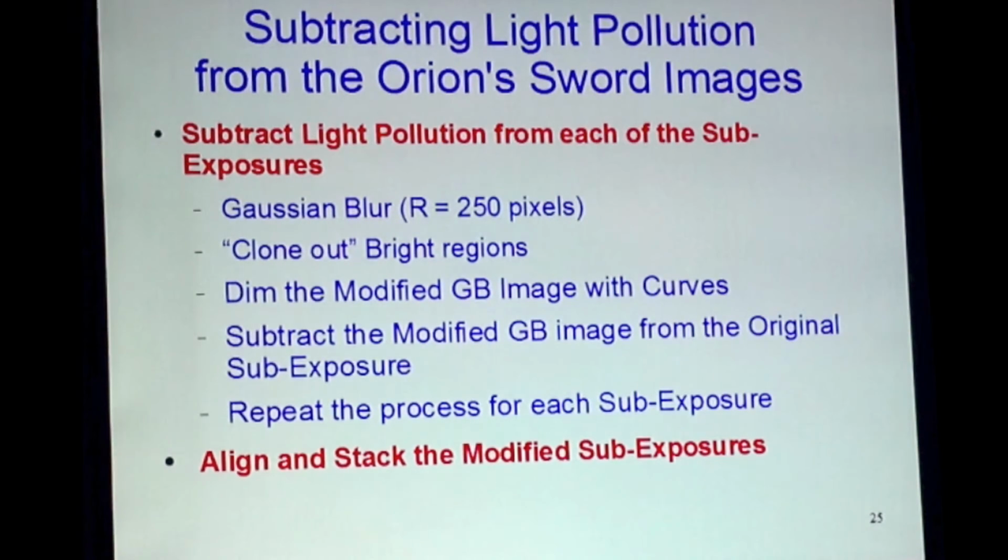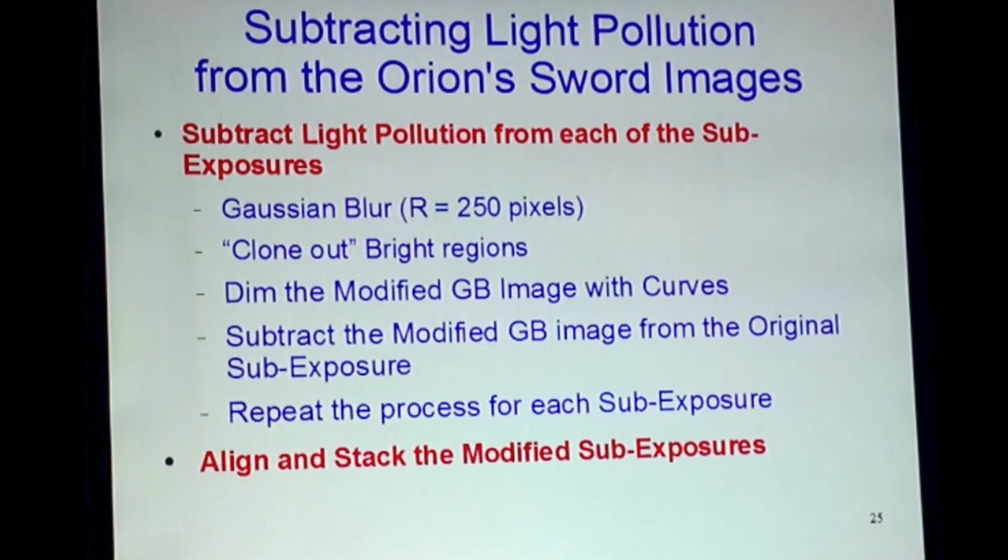So, where are we? We use Gaussian blur to create a rough measurement, and it's rough because it has some of the object in it, of the light pollution itself. And for bright objects, we clone out the bright regions, and that's a matter of judgment.